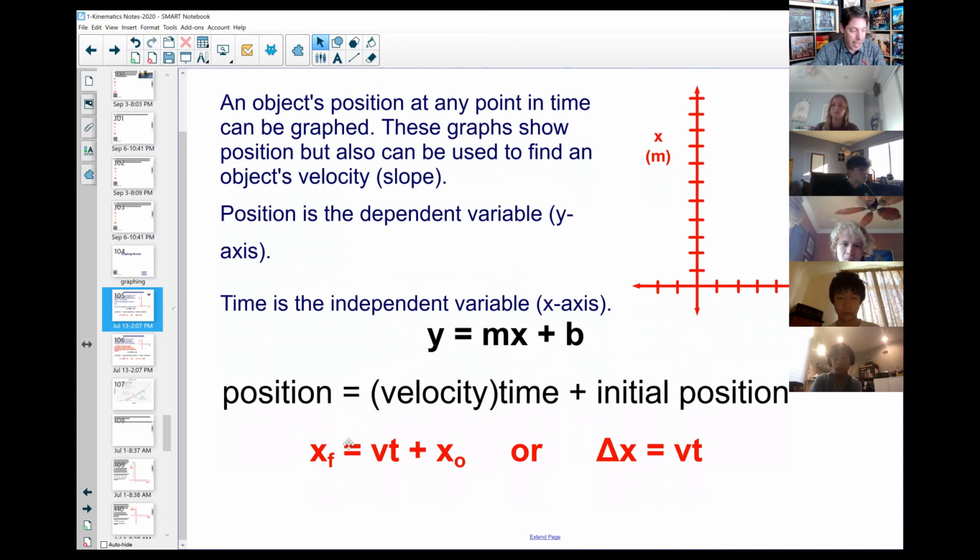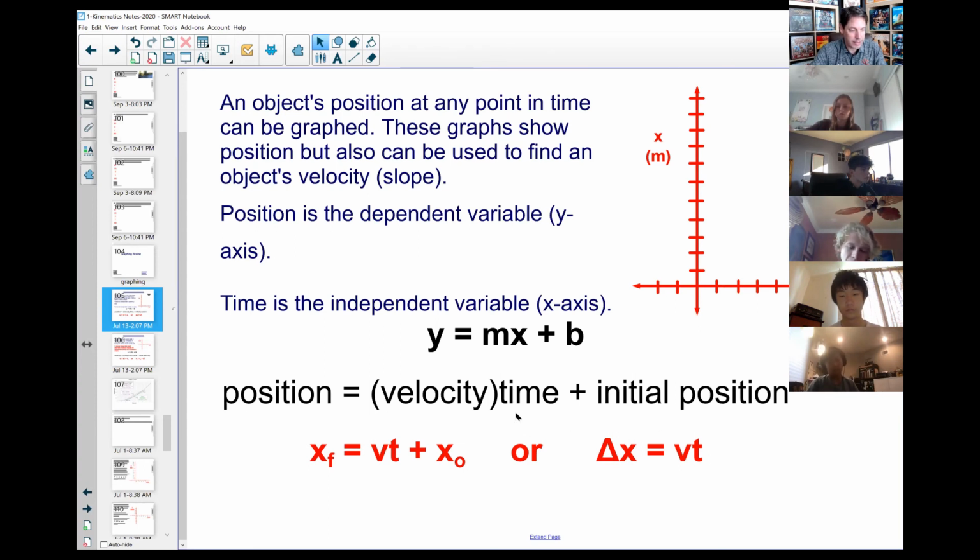Your y is the final position x, your slope is the velocity, your x variable is time, and your y-intercept would be the initial position. All right, so your final position would be the y value based on the inputs you have for these. You could simplify this a bit, because if you take final position minus initial position, that is delta x. So delta x would be vt.